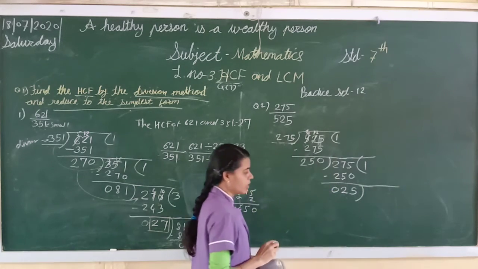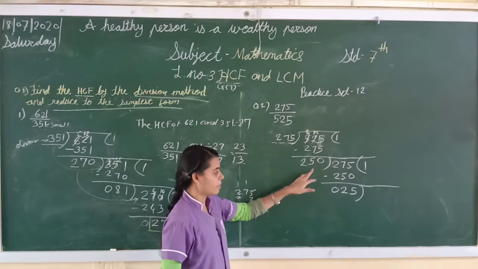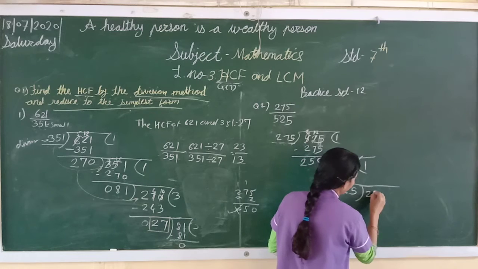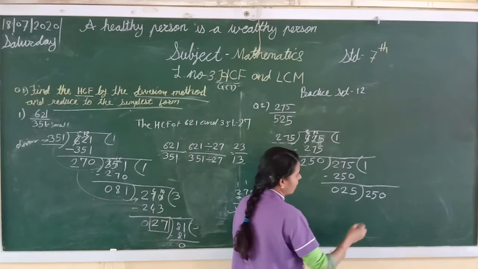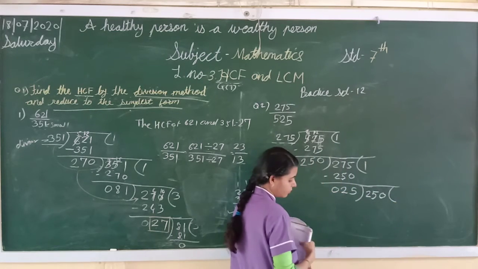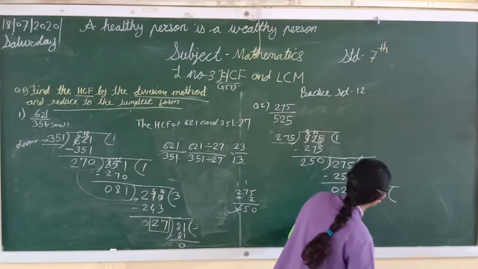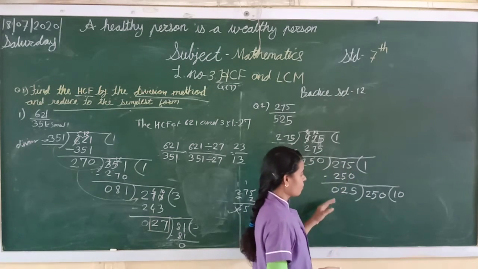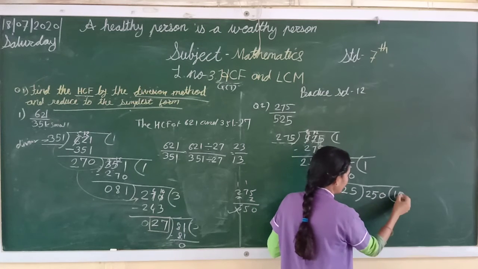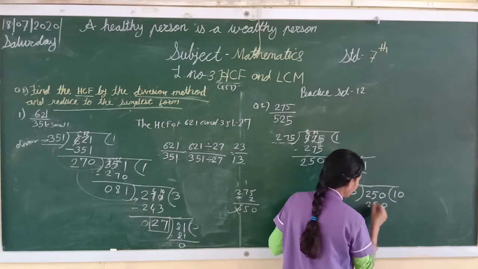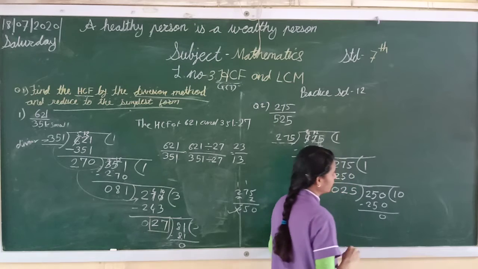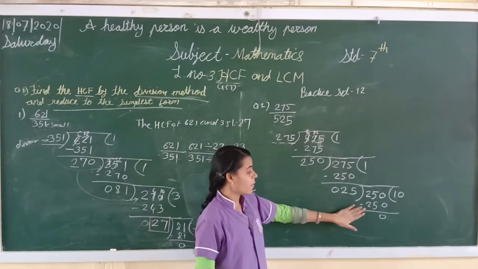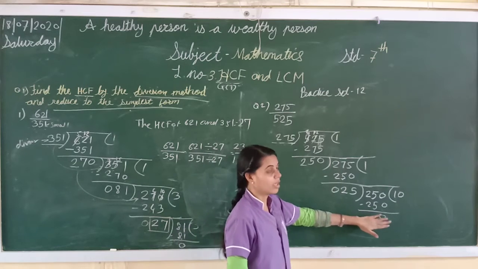Again students, which one will you take? Which is the previous divisor? 250. So we will take 250. Okay, we will continue this till the remainder becomes 0.